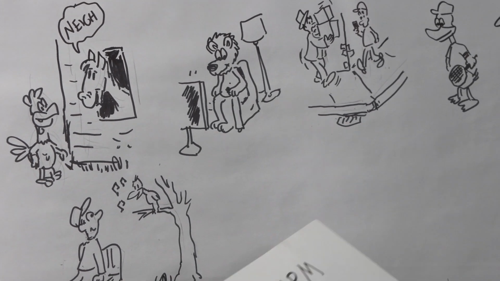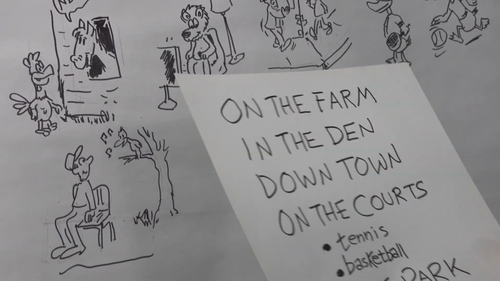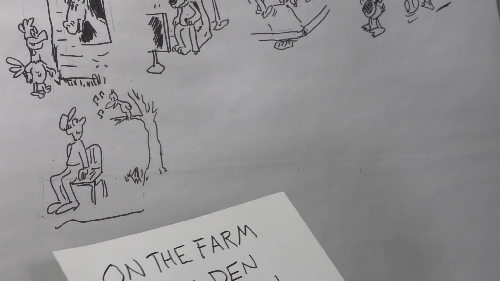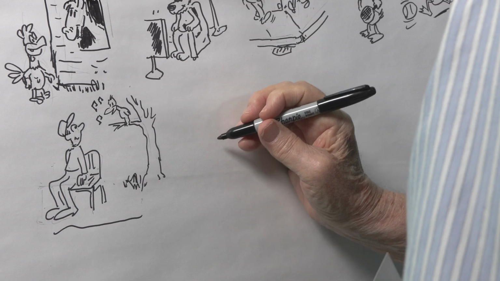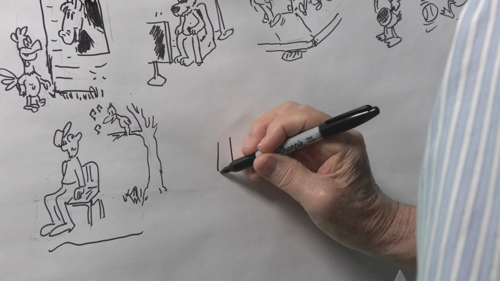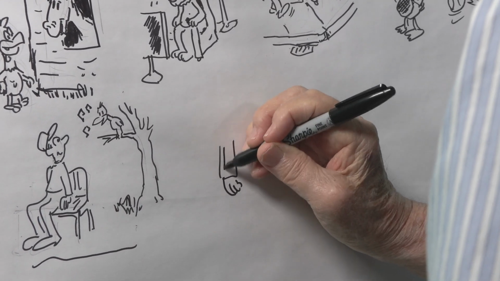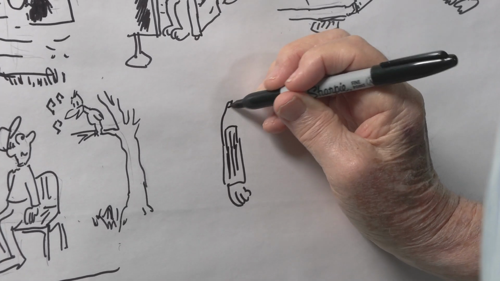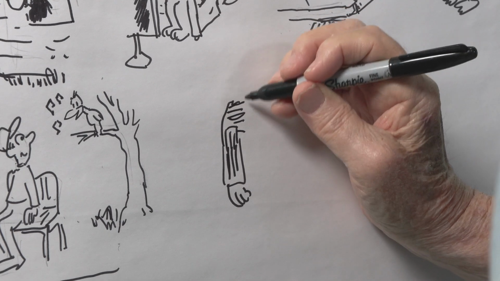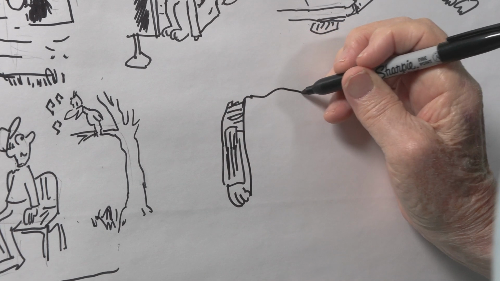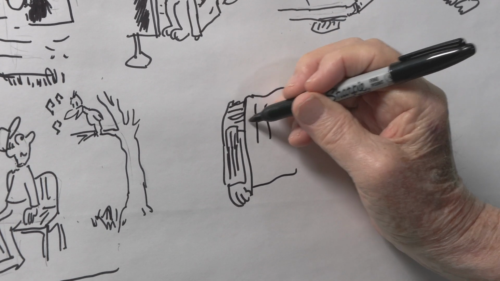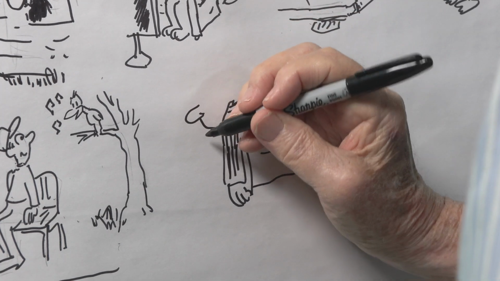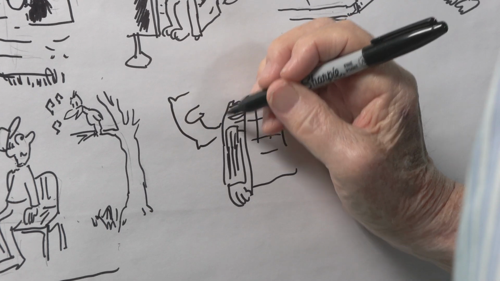that takes us then to the last situation on my list, in bed. This is simple. Just one person, and that's his arm, and the stripes are on his pajamas, and the bedspread is checkered, and his head is on a pillow.